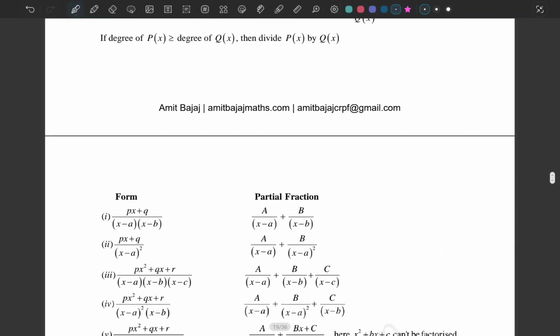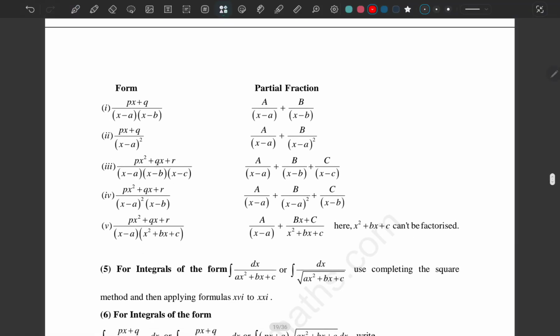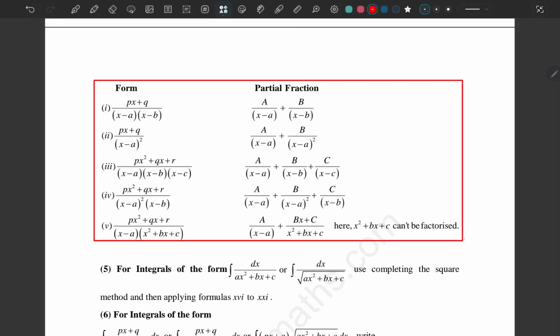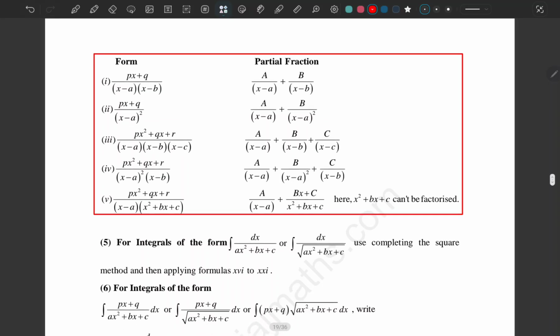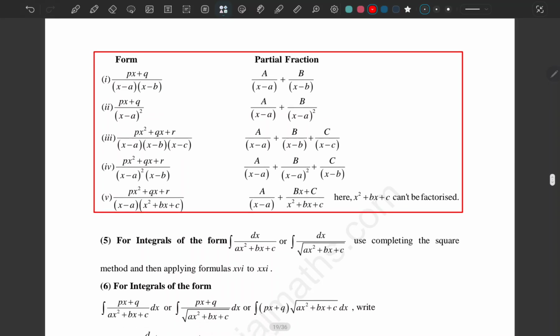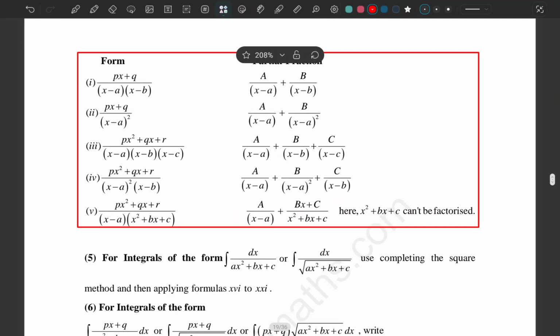Okay, and now here are some partial fractions. You can just read them. You just have to use the partial fraction method, and be careful that the degree of the denominator should be higher than the degree of the numerator. Only then should you apply this. Otherwise you're going to waste your time using partial fractions.